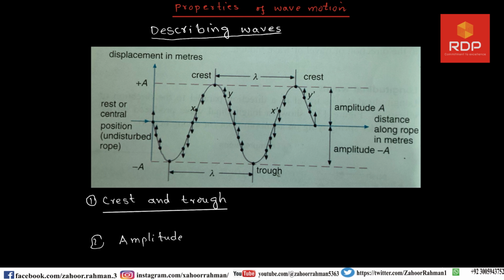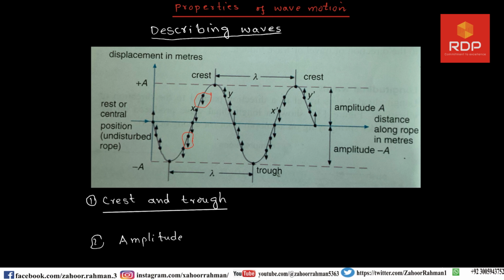You can see that the arrow here is a shorter one as compared to the arrow here. So these arrows are showing that one particle is moving slowly and the other particle is moving with higher speed. So a longer arrow means a higher speed.